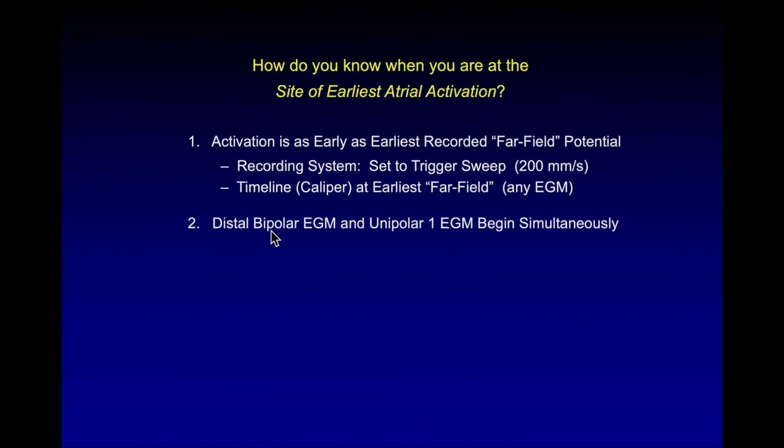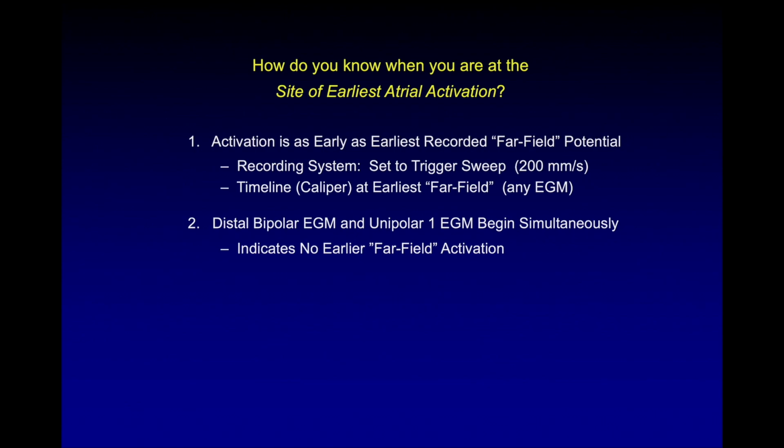At that site, we look at the second criterion. And we do that by comparing the time of onset of the distal bipolar and the distal unipolar electrograms. If they begin at exactly the same time, we know that there's no far field activation any earlier. So if we meet both of these criteria, we know we're very, very close to the site of earliest activation.